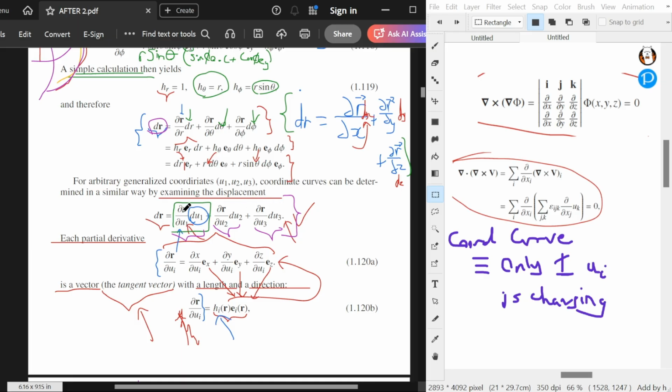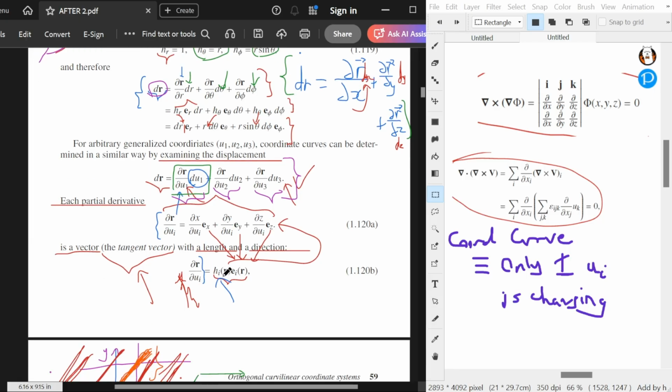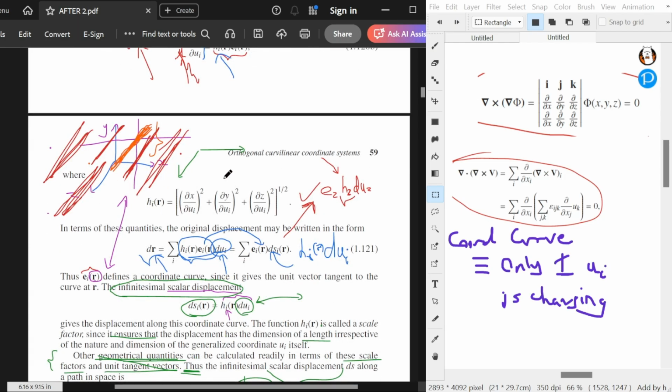Each partial derivative is a vector, the tangent vector, with a length and direction. The length is h, the direction is e_i. Del r over del u_i equals del x over del u_i e_x plus del y over del u_i e_y and so on.